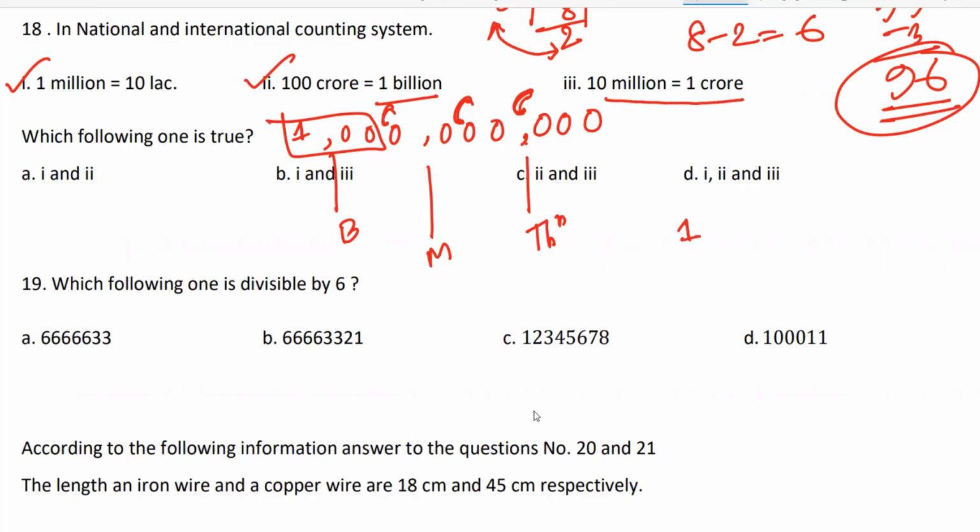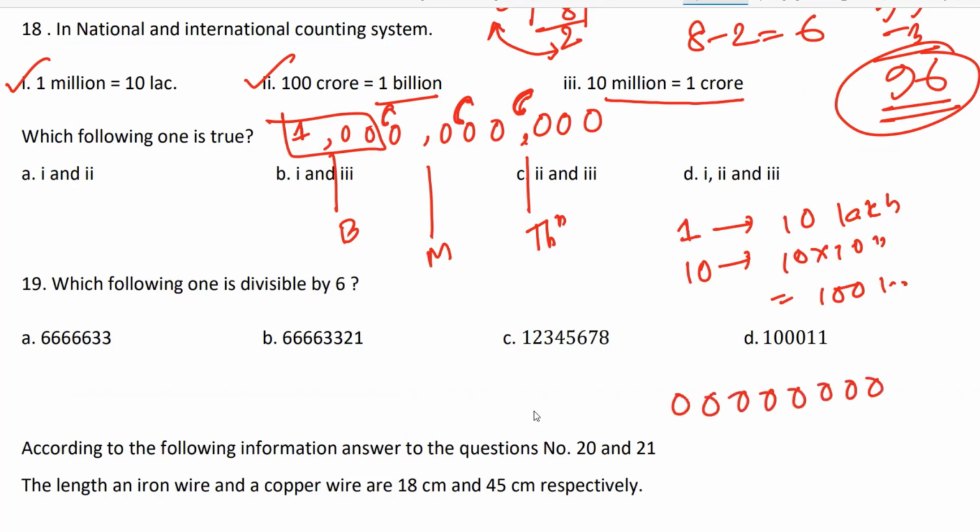We see here 1 million equals 10 lakh. Also 10 million equals 10 multiplied by 10 lakh. That means this is 100 lakh. 100 lakh means 0 0 0 0 0 0 0 0.